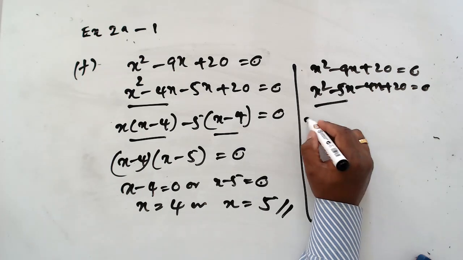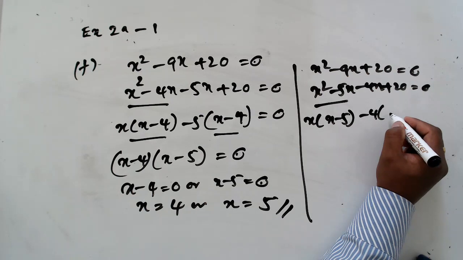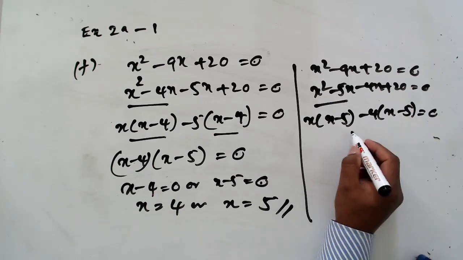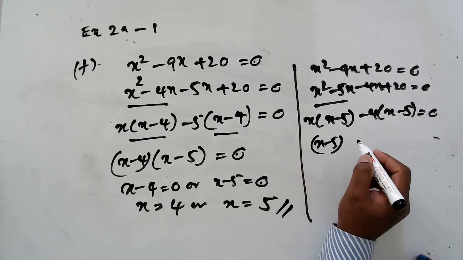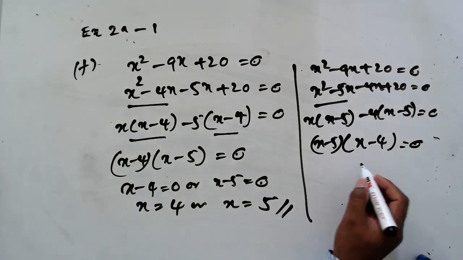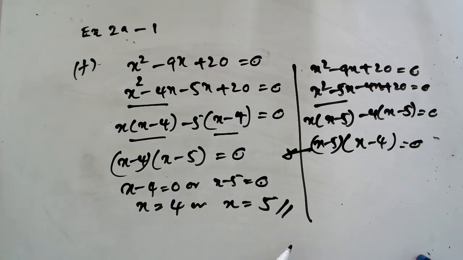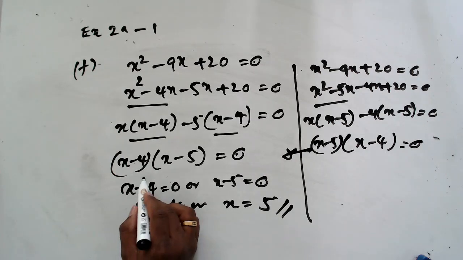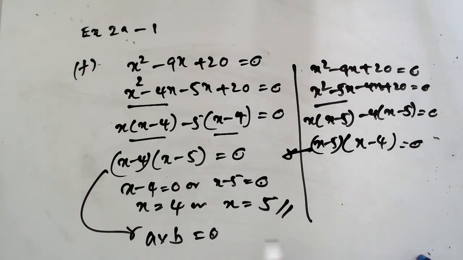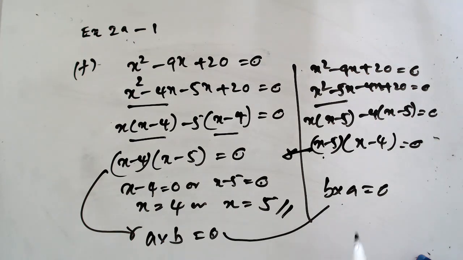Then when you look at this one, x is common, x minus 5, and minus 4 when you take out, x minus 5 is common, x minus 4 remaining, and again it will give the answer. Here the answer is a times b equals 0. Here you get b times a equals 0. It's still the same, both are the same.